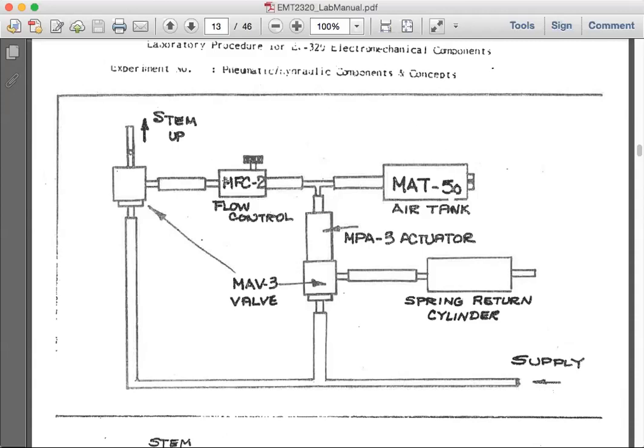So the purpose of the flow control is slowing the depressurizing of this part of the system. The purpose of it is to create delay from deactivation of the actuator, or the delay in return of the piston inside the spring return cylinder.